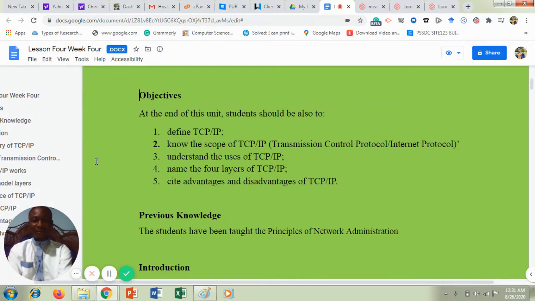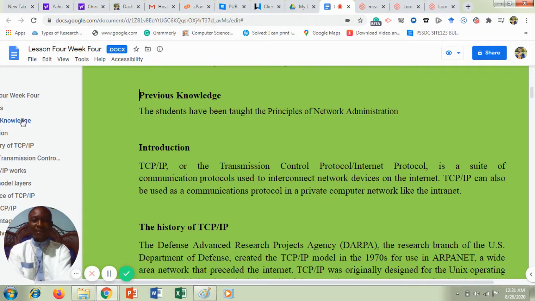By the end of the lesson, we should be able to define TCP/IP, know the scope of TCP/IP, understand the uses of TCP/IP, name the 4 layers of TCP/IP, and cite the advantages and disadvantages of TCP/IP.